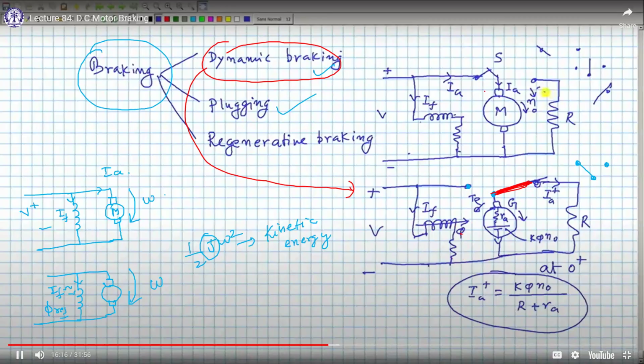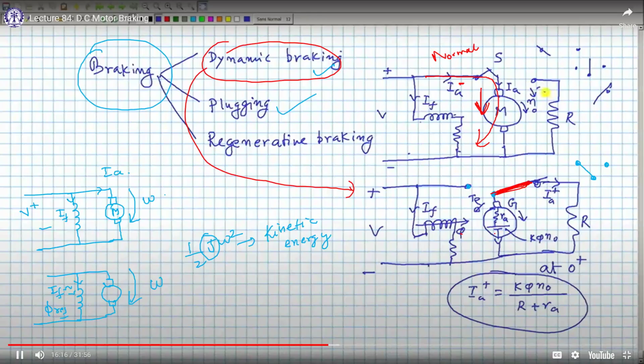Initially IA was flowing in this direction normally. With dynamic braking, not regenerative, dynamic braking, this IA motor is IA negative, and this is IA positive.